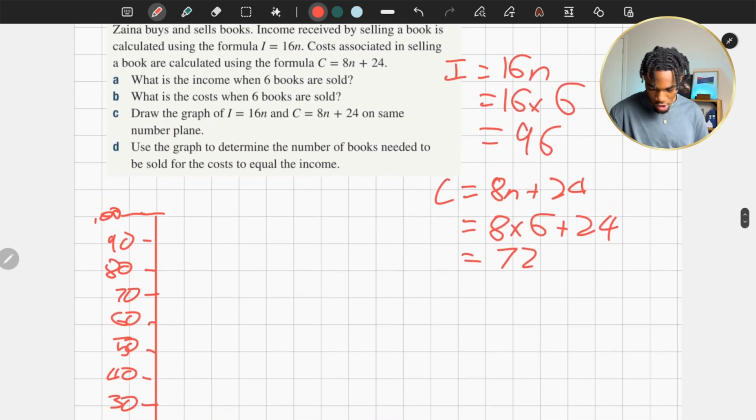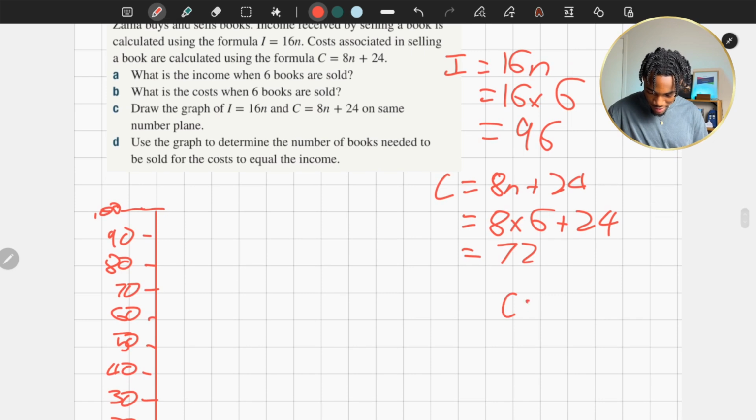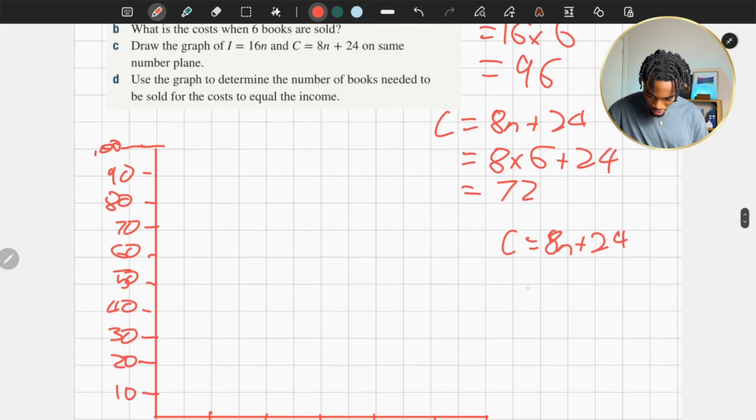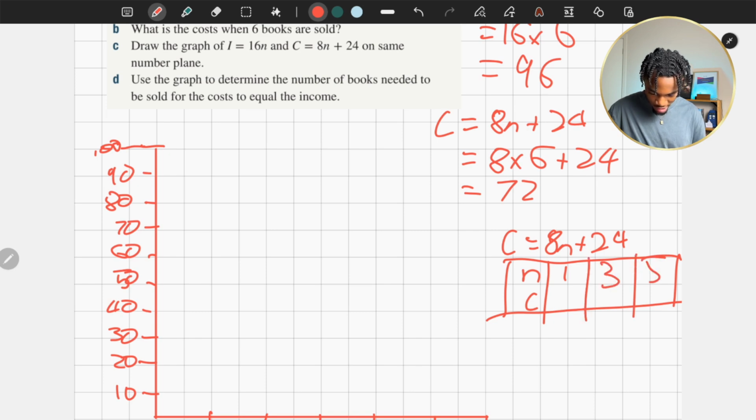For our C equals 8n plus 24, we're going to write a table of values. So n, C, where n is 1, 3, 5. Just subbing this in: 8 times 1 plus 24 is equal to 32, and so forth for all of these: 48, and then for 5, 64.